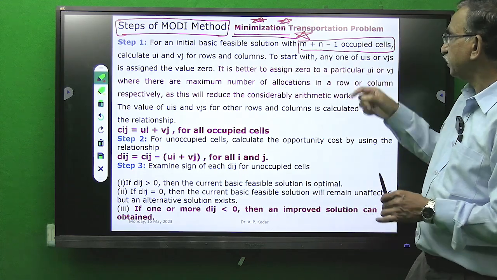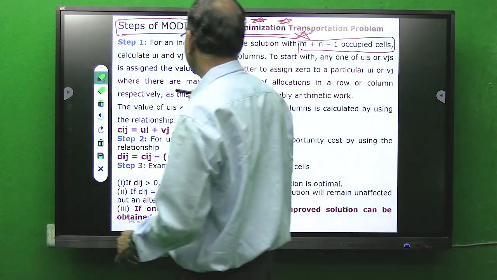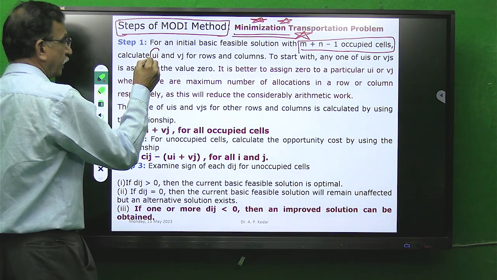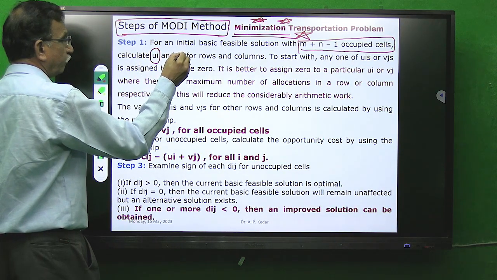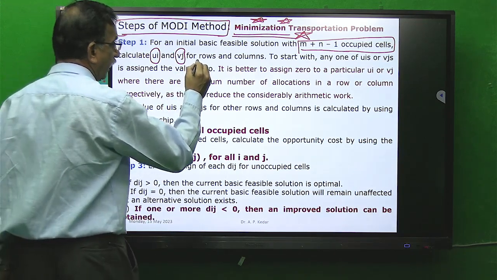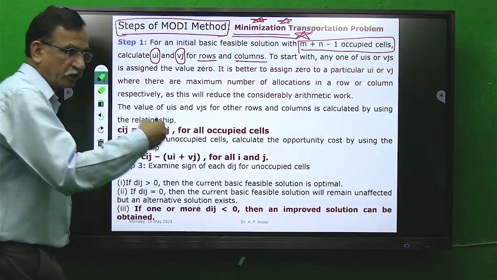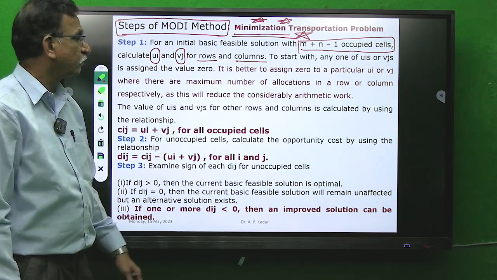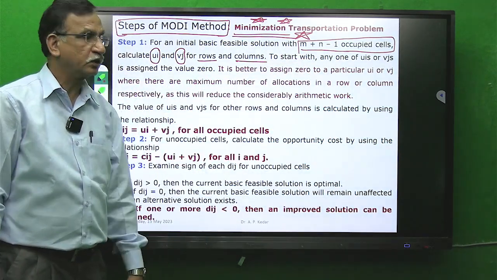Then what is given? Calculate ui and vj, these terms are very important, students, for rows and columns. We will be doing all these things in our exercise, actually solving the problem. To start with, what does it say?